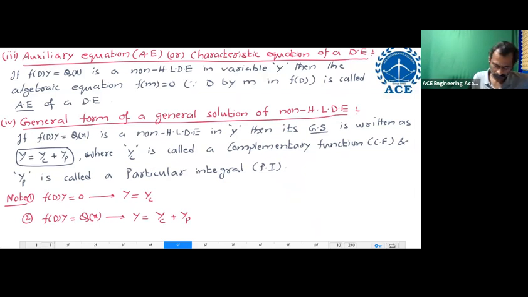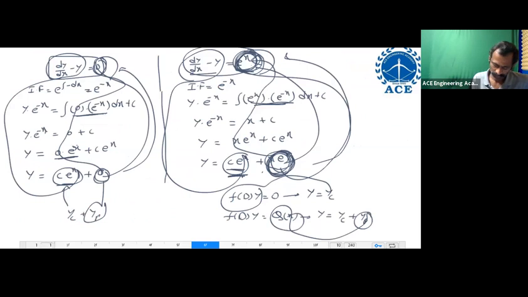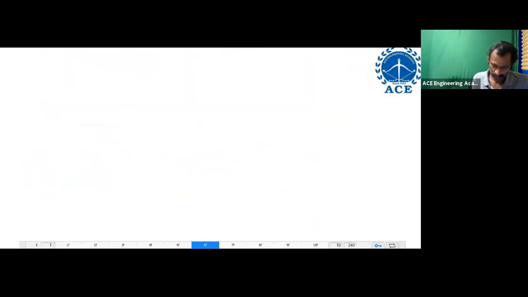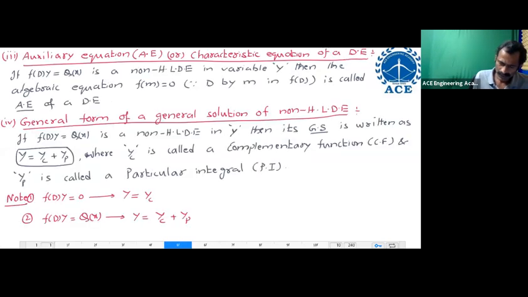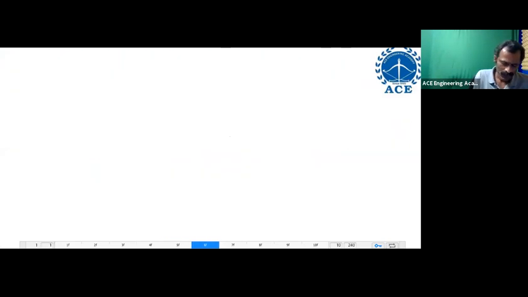Next page. Next, the fifth bit: Wronskian of functions.